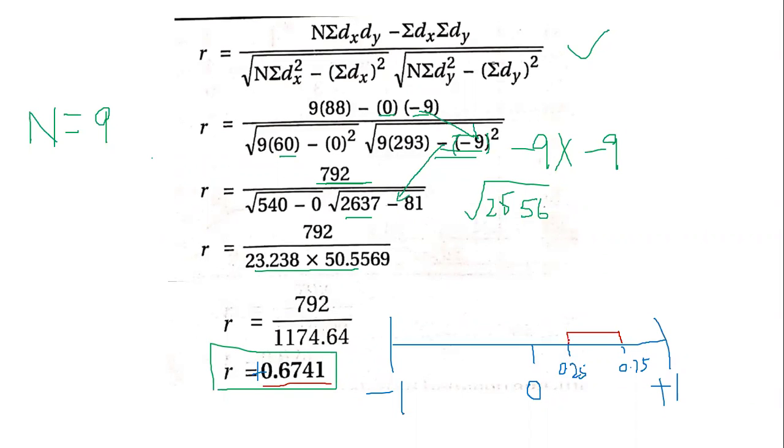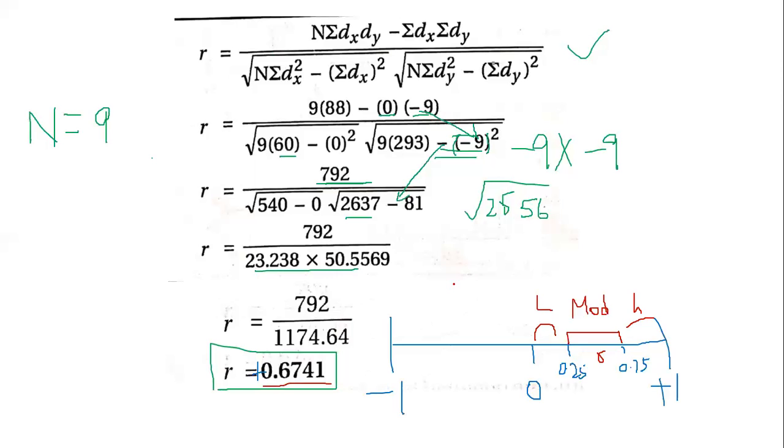So if R is present here, it means it is a moderate relationship. It is not too high. Too high will be this part, high will be this part, and too low will be the first part. Since it is in between, this will be a moderate level of correlation.